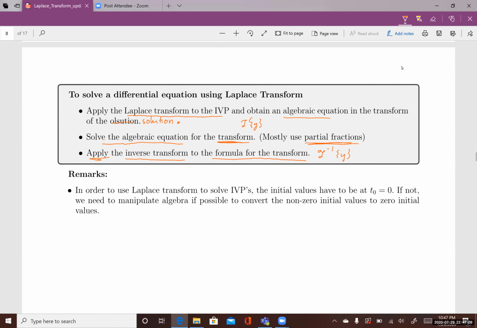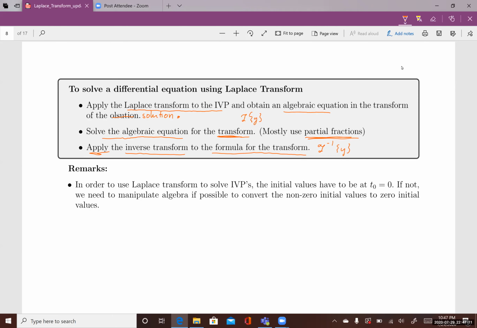There's a remark you want to pay attention to: when you use Laplace transform to solve an IVP, the initial values have to be at t0 equals 0. If not, we need to manipulate the algebra, if possible, to convert the non-zero initial values to zero initial values.